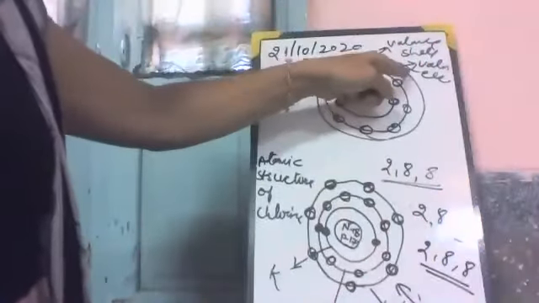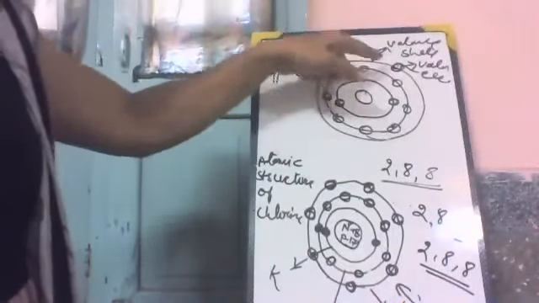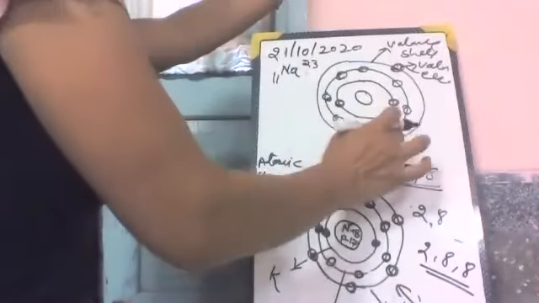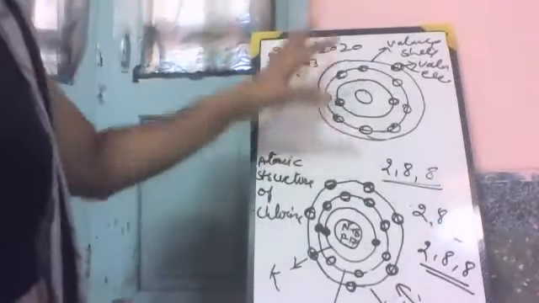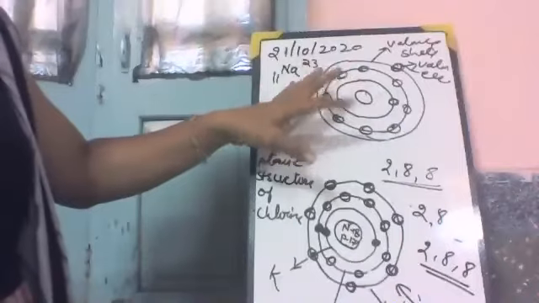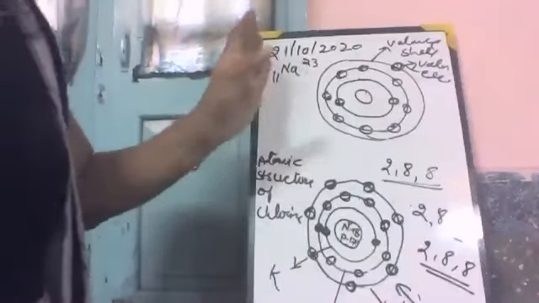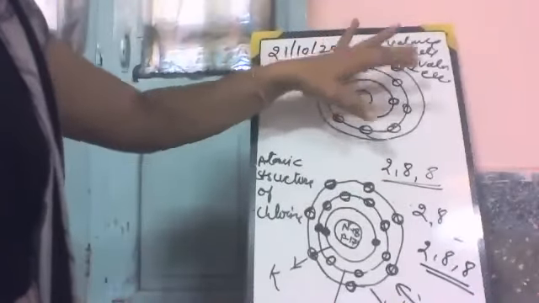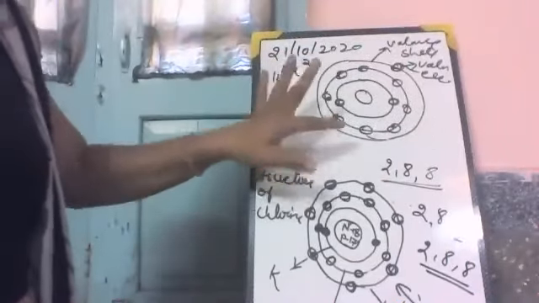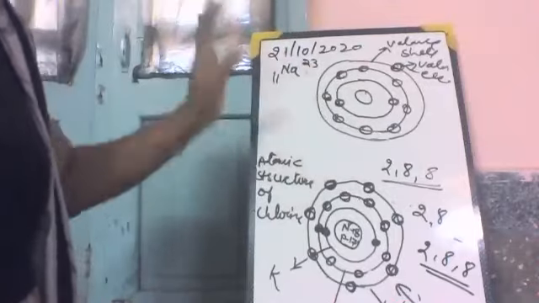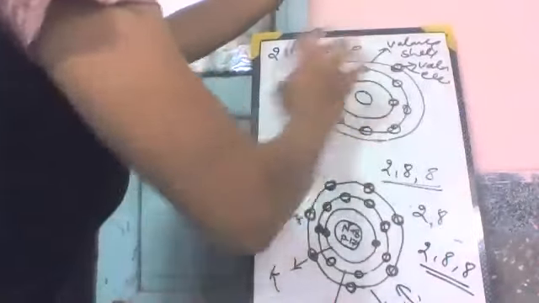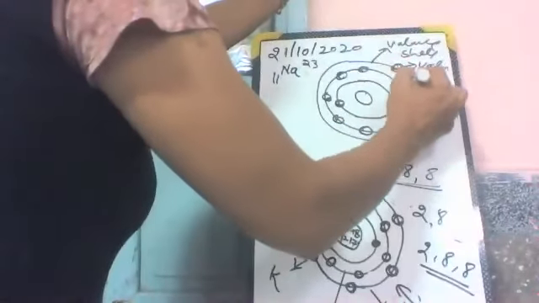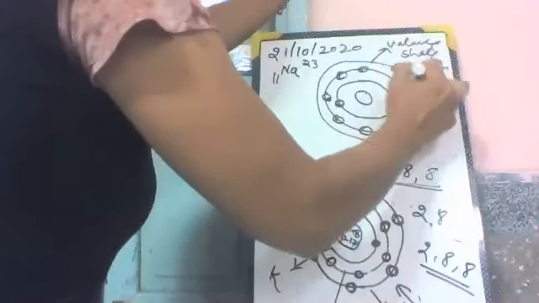This electron determines the property of sodium and can take part in chemical reactions. It does not take 7 electrons to complete 8. It is easy to lose 1 electron. By losing this 1 electron, the last shell will disappear, and only 2 shells will remain.